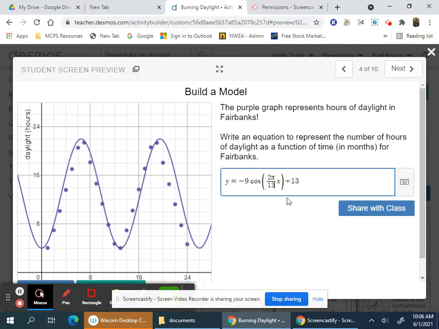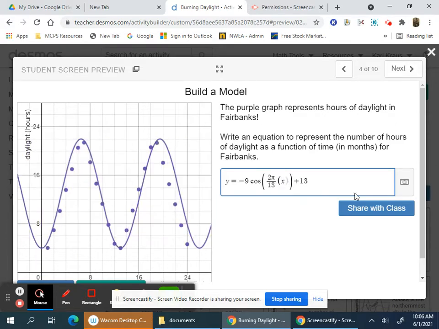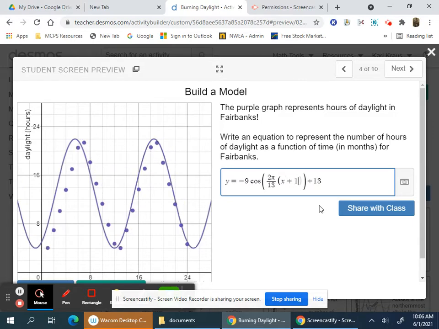Let me try a little phase shift here, with parentheses around x plus 1. This connects these together better.